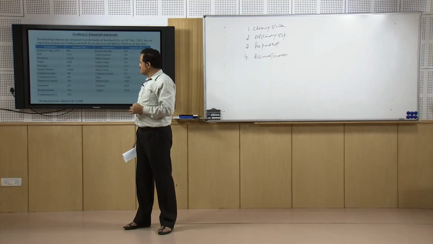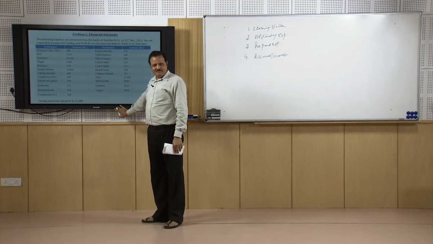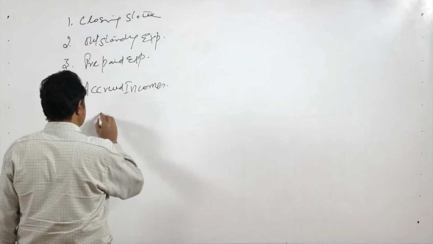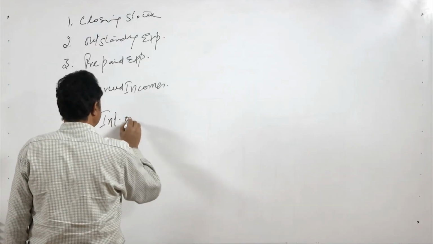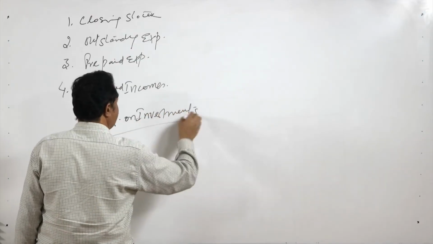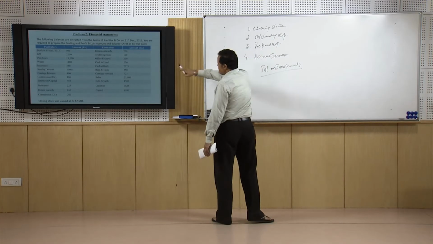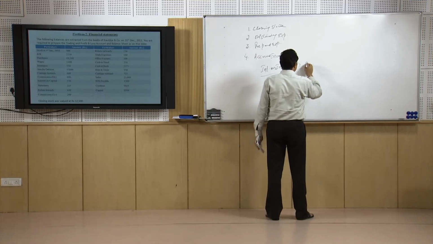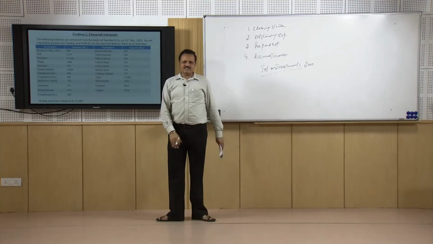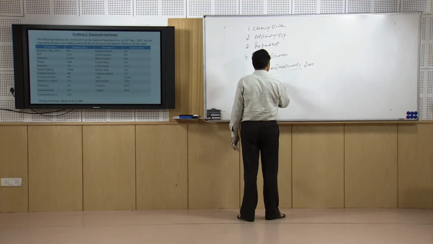You will have two pieces of information available. For example, take accrued income on interest on investments. Say in the upper part we are given a figure of interest on investments of 2000 rupees, and the lower part says that interest on investments worth 1000 rupees is due but not yet received.